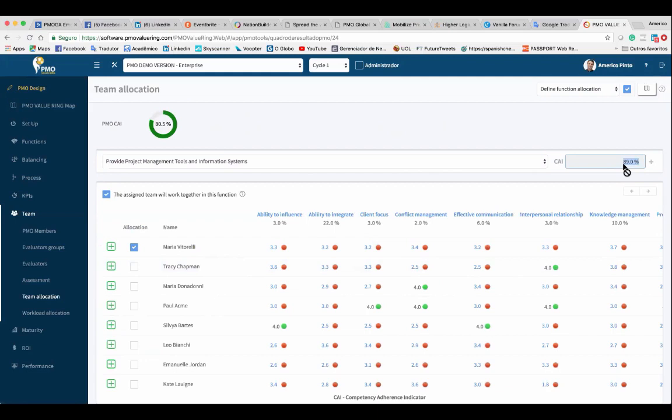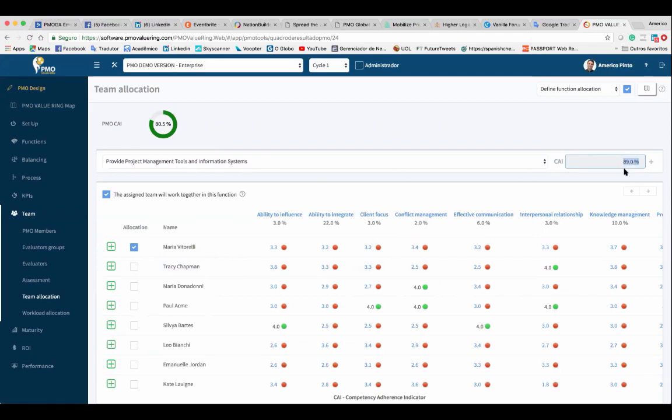If they are just working in the same function, but dividing the work, so in this case, it will not be the maximum. It will be an average. Okay, we talked about that yesterday. So this is the CAI for the function provide project management tools and information systems.